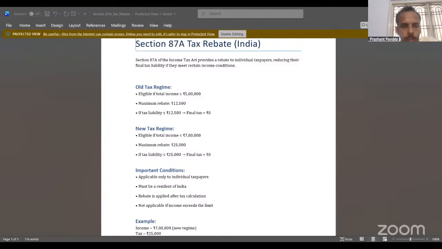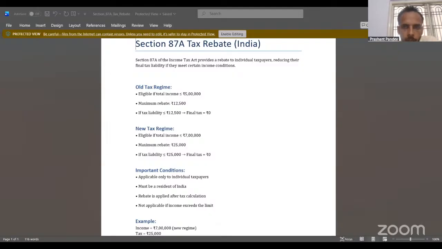So with this, we have covered the computation of the income. Once we go ahead from here, we have the tax bodies that we need to cover next.